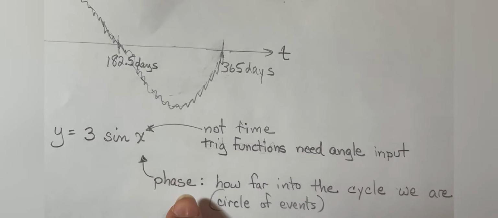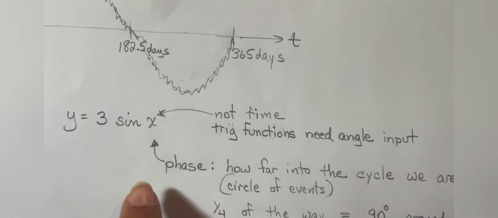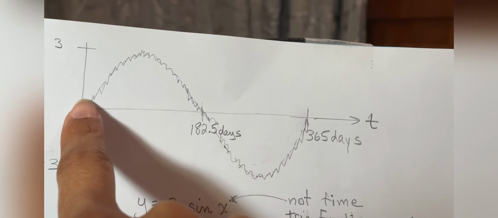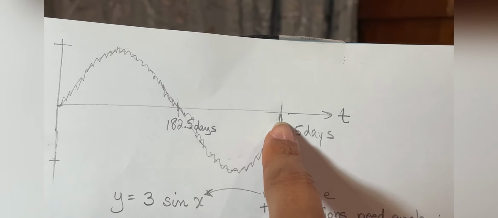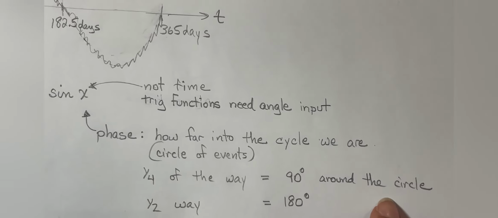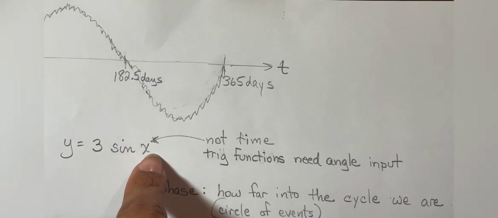We're going to make the relationship of the distance through our phenomenon, the progress that we're making through our wave here, and the angles around a circle. So we're going to call this the phase.